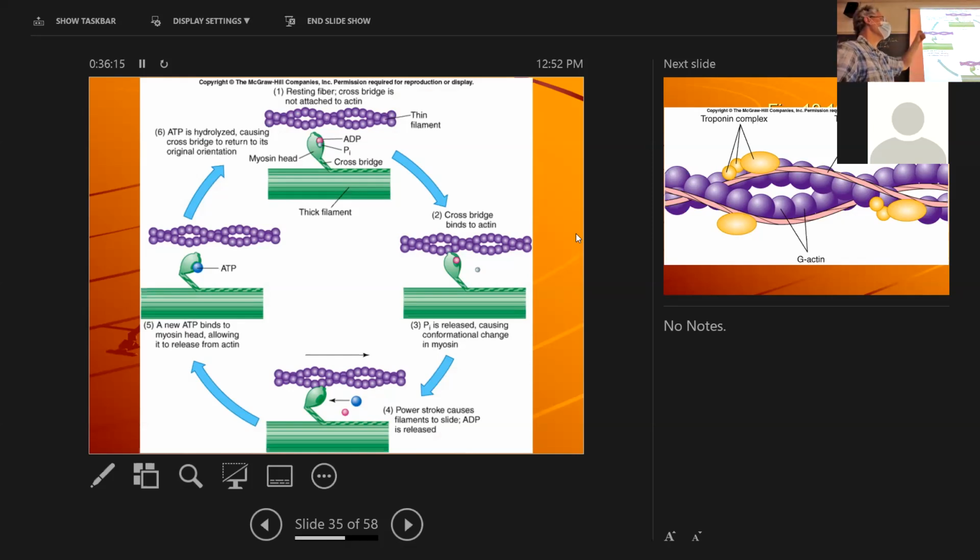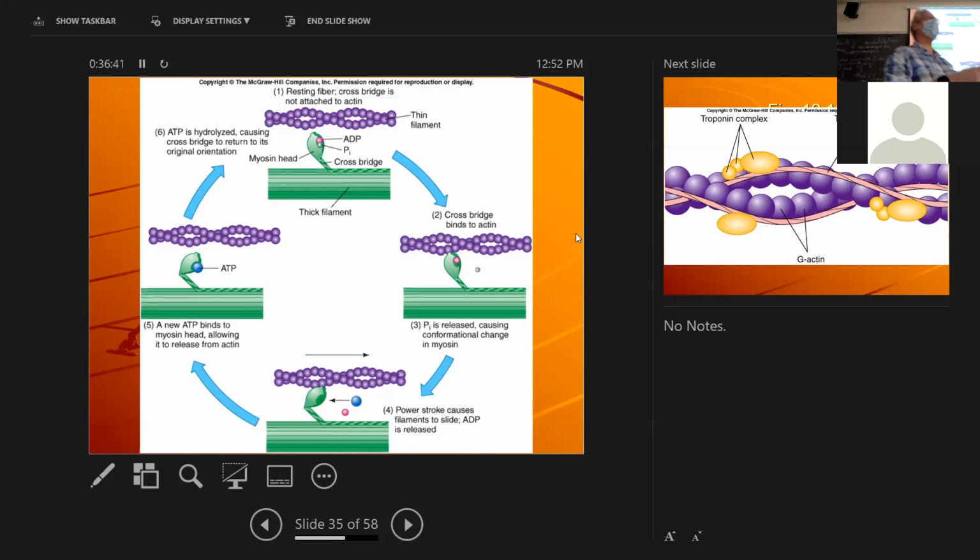When it hydrolyzes ATP, it now goes from this kind of fully cocked structure to a more open cocked structure. So it goes from fully cocked to, I don't know, half cocked, I guess, after it hydrolyzes the ATP, but it's still bound to the ADP and phosphate.